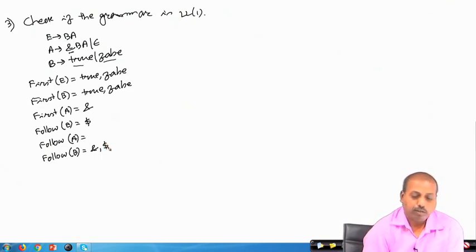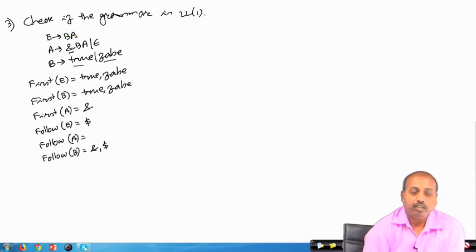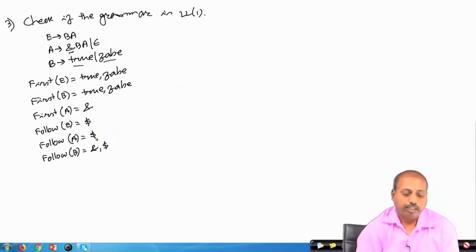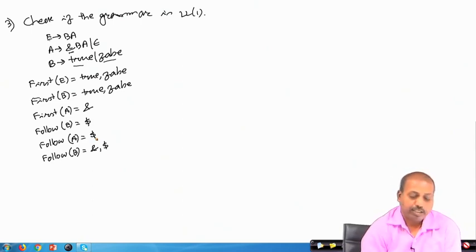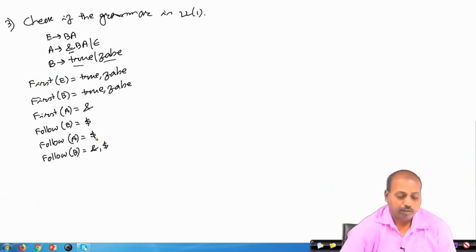And what about follow of A? By the same rule, whatever is in follow of E will be in follow of A. So, follow of E has got dollar. So, this dollar is there in the follow of A. Okay. So, this way you can construct the first and follow sets for the non-terminal symbols of the grammar. You can check that there is no more symbol that we can add to the first and follow sets.